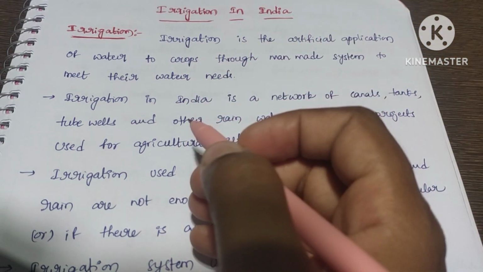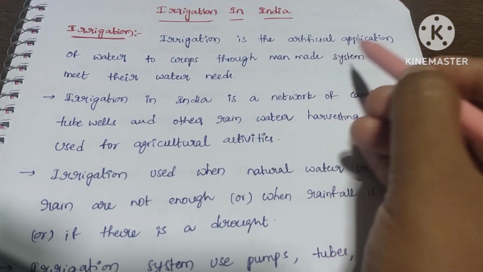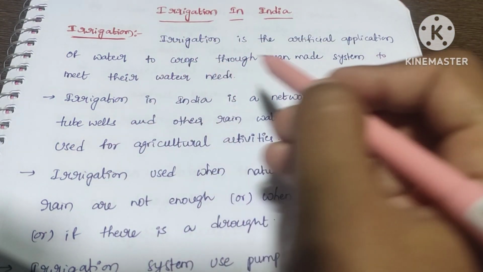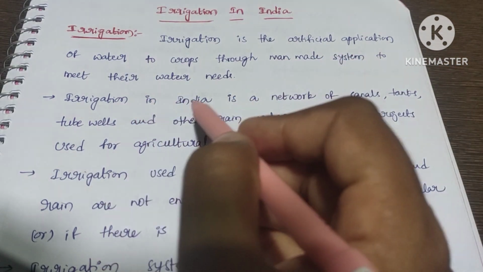That is the definition of irrigation: the artificial application of water to crops through a man-made system to meet their water needs.